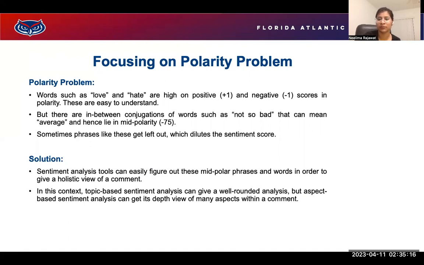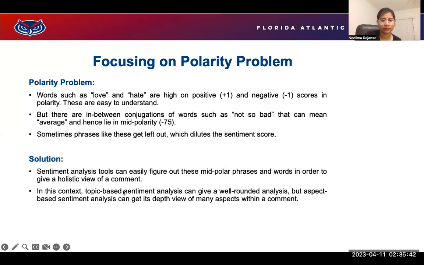So it's hard to make the model understand how to detect that this is not a positive sentence or this is not a negative sentence. The solution is that a sentiment analysis tool can easily figure out these mid-polar phrases and words in order to give a holistic view of a comment.